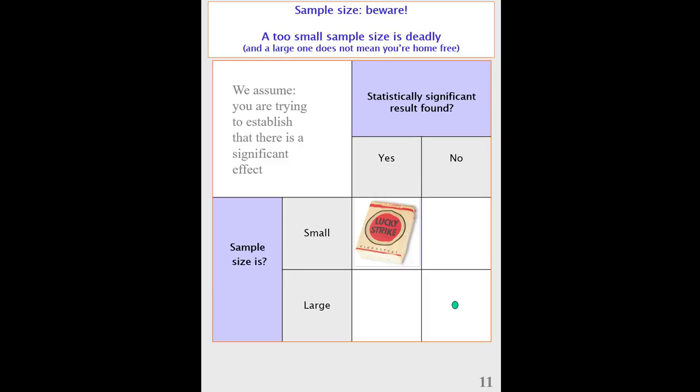Now let's see what happens if we end there. We do not find a statistically significant result, which is a bit of a pity, and we have a really large sample size. So that would mean, well, it's good and bad. It's bad in the sense that we're aiming for something where we find a difference, and we don't find it. So this is sort of a bummer, because we thought if you do this, then something happens, but well, it doesn't.